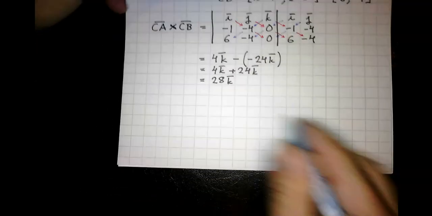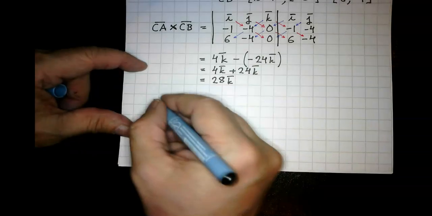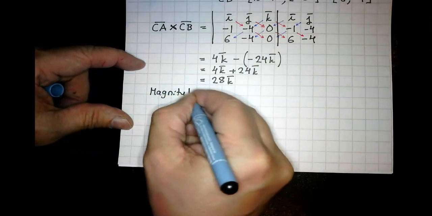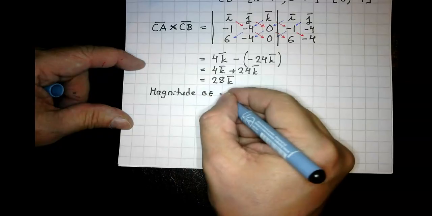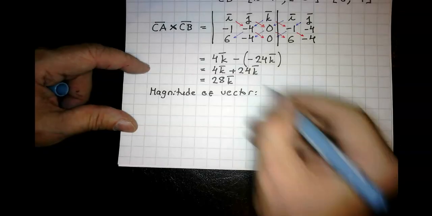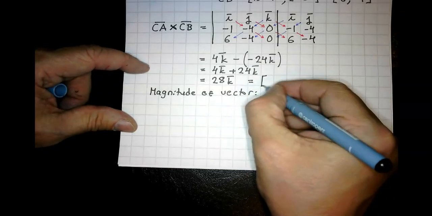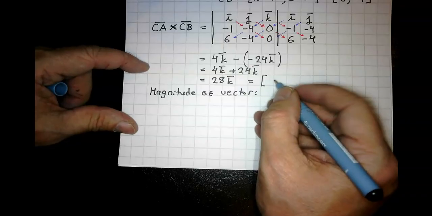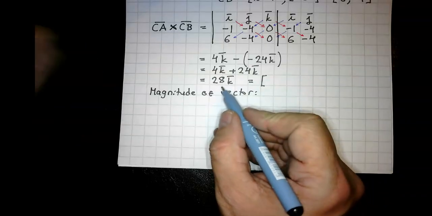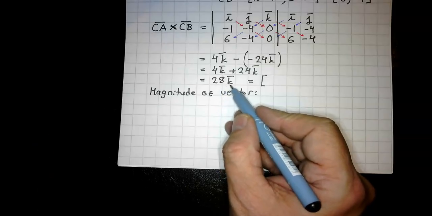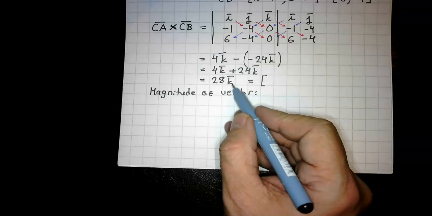So let's calculate the magnitude of this vector. First, I will write this in another way. I will use this bracket form. We have the first two components 0 because there are no i's or j's in the result of this cross multiplication.